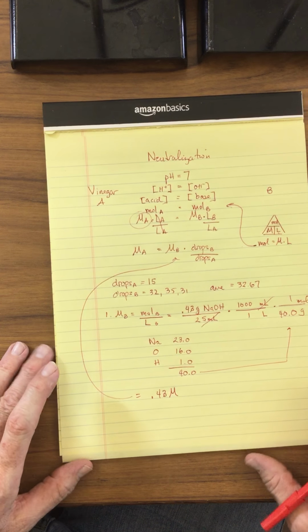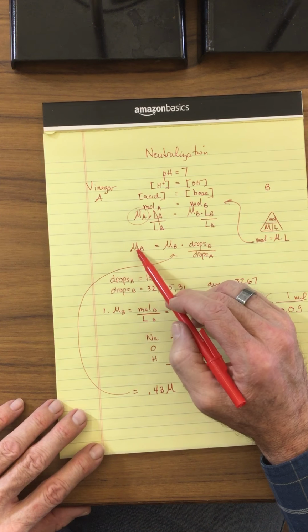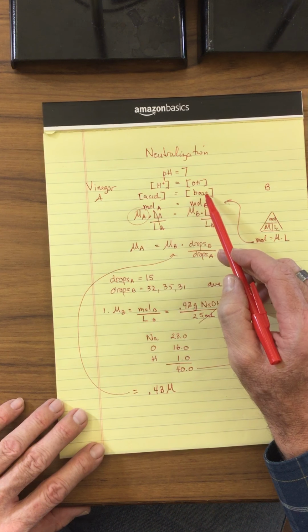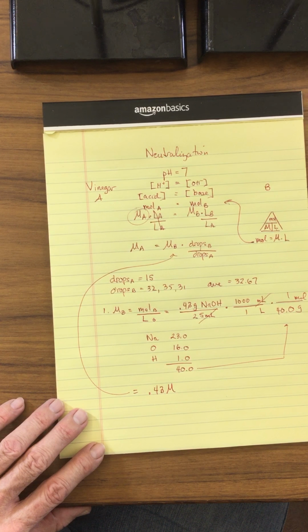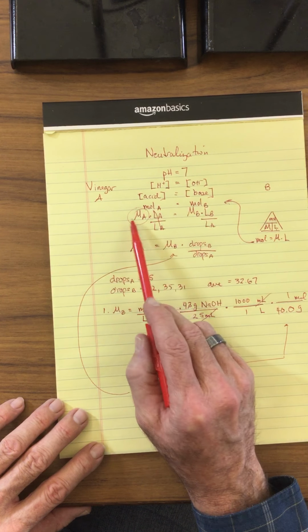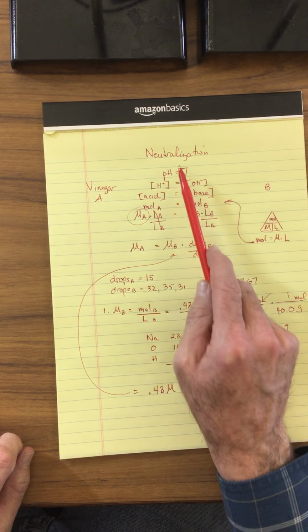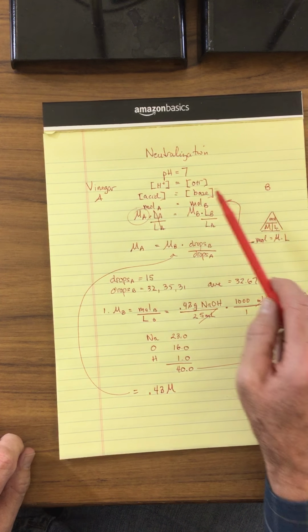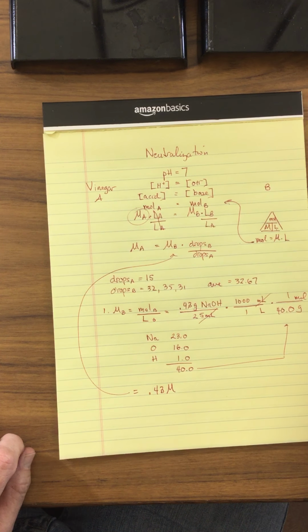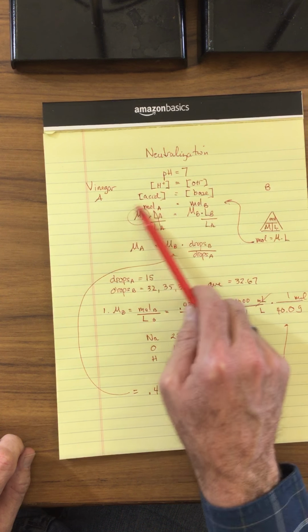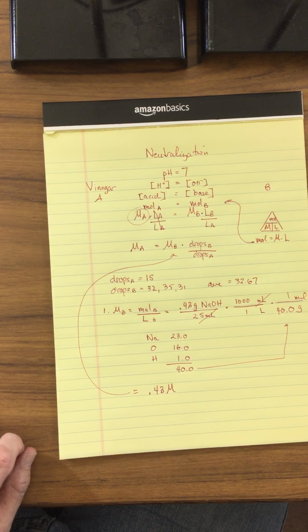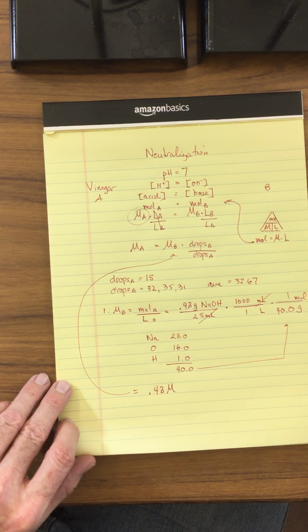Again, we're trying to calculate the concentration of the acid by determining the concentration of the base that made it neutral. I was previously in my acidic zone, and I added an amount of base to make it neutral. Well, the amount of base to make it neutral is going to be equal to the molarity of the acid, or the vinegar.